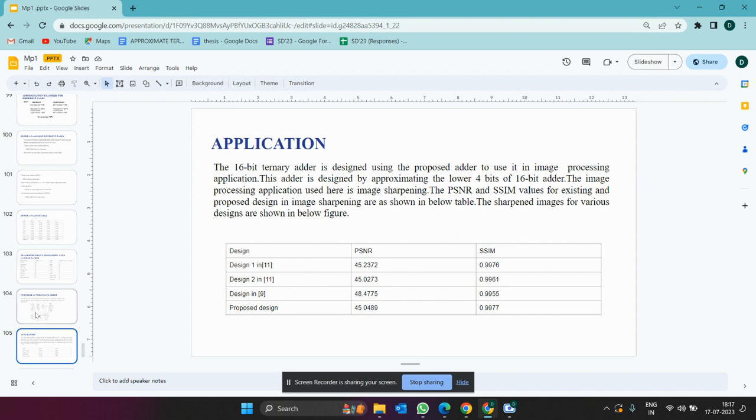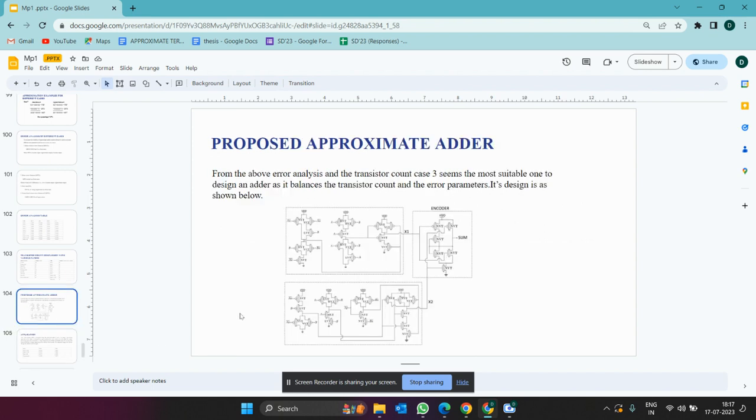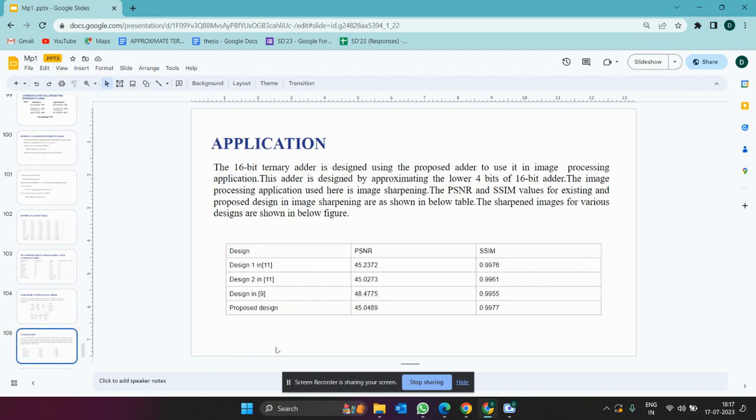After this we have given an application for this adder. We have given this to the image processing application. So here we have got PSNR and SSIM as these values. The first three designs are the existing designs, and this is our proposed design.